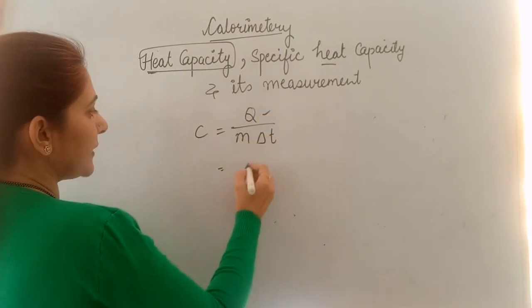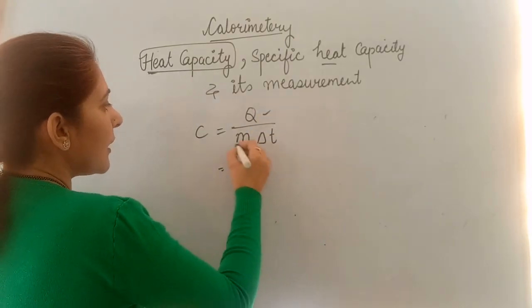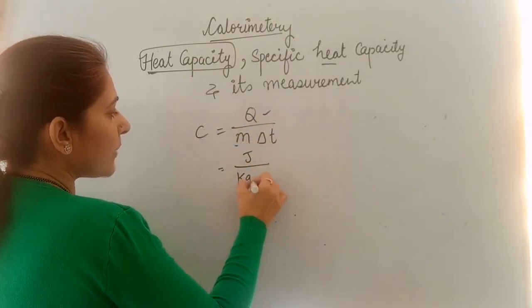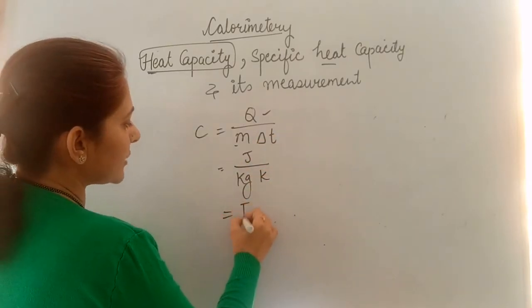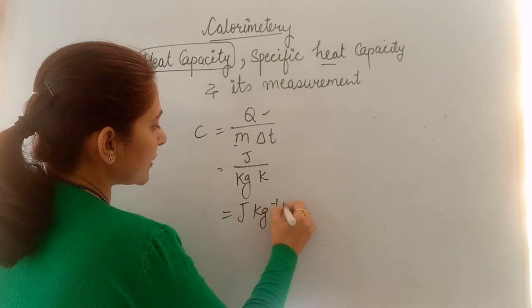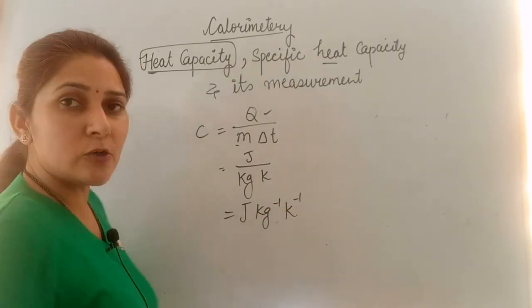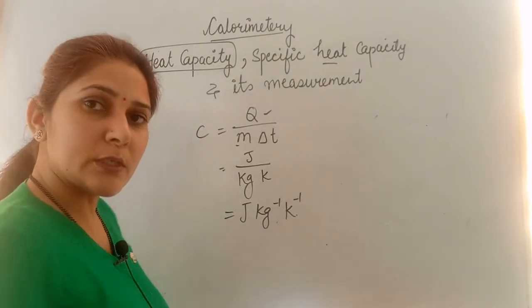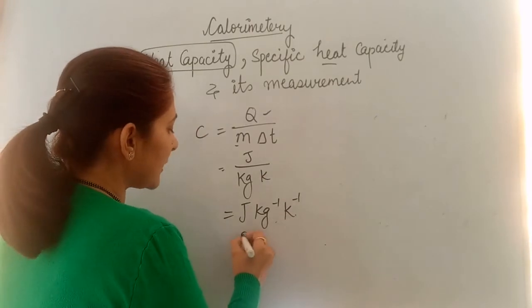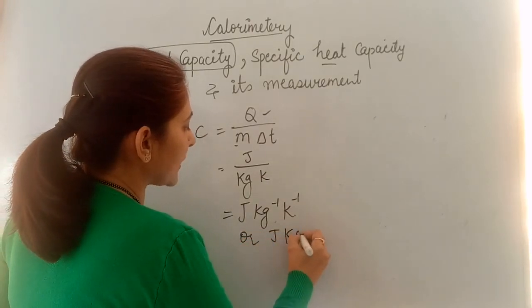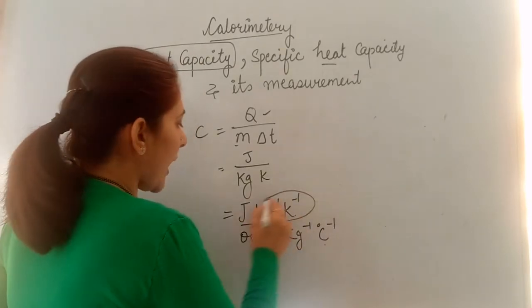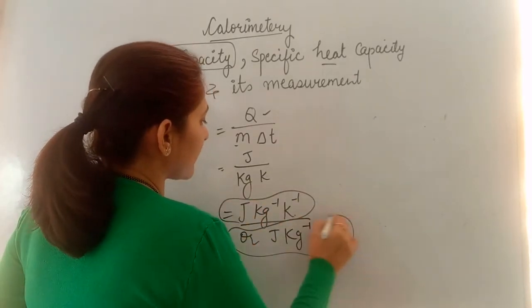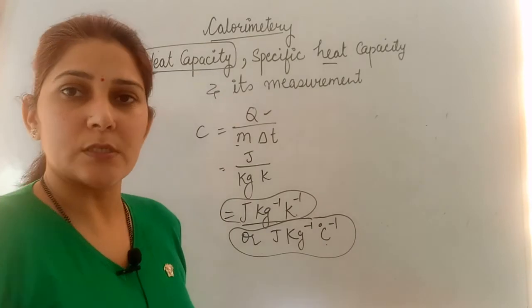This Q is heat required, that is written in joule, mass is written in kilograms in SI unit, ΔT is written in Kelvin. So this will be given by joule kilogram inverse Kelvin inverse, or as I told you we can replace Kelvin with degree Celsius also, so it can also be given by joule kg inverse degree Celsius inverse. These two are used as the SI unit of specific heat capacity.